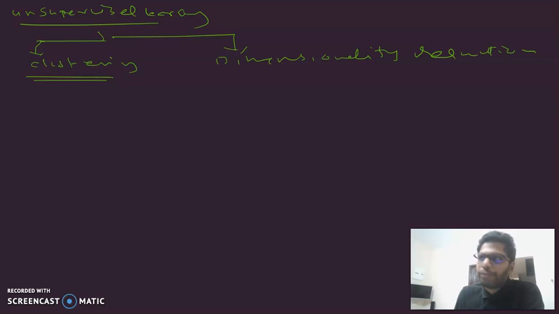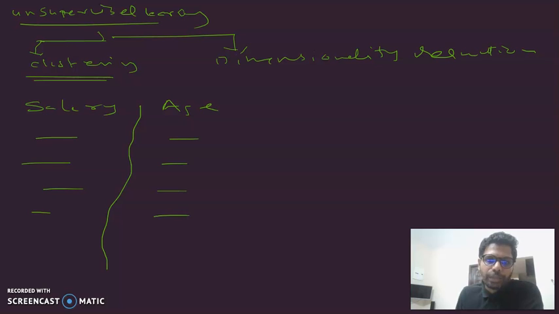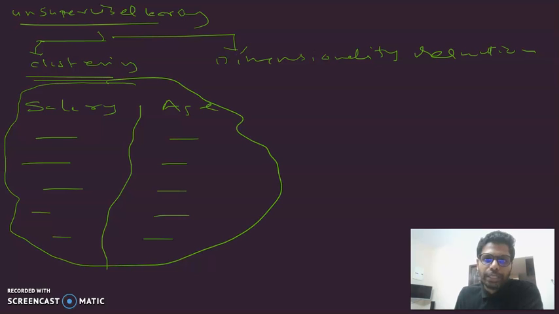Suppose I have a data set, let me say salary and age, and I have a lot of data here. Now here we don't have an output. We just have a data set which is only independent data. There is no dependent variable here. So that is the main difference between supervised learning and unsupervised learning.